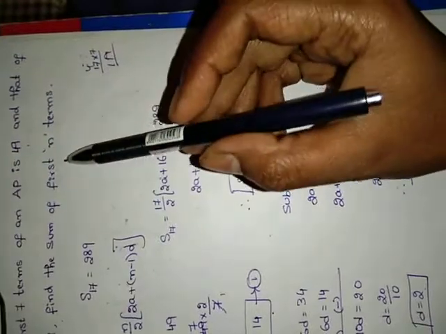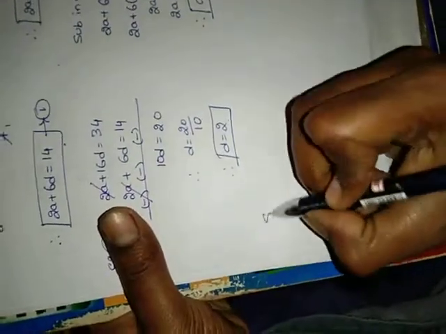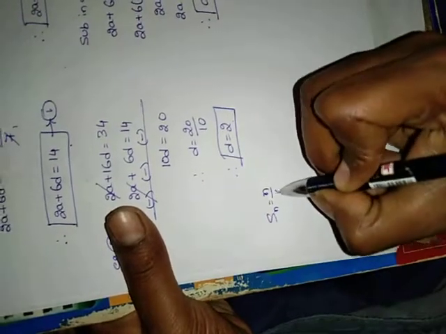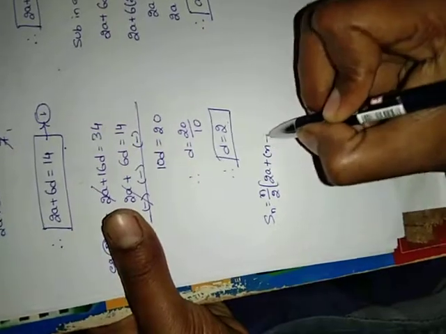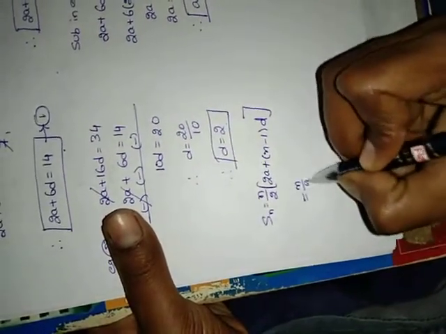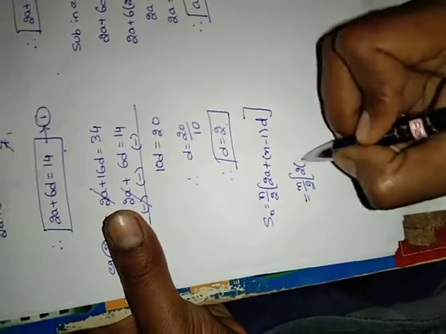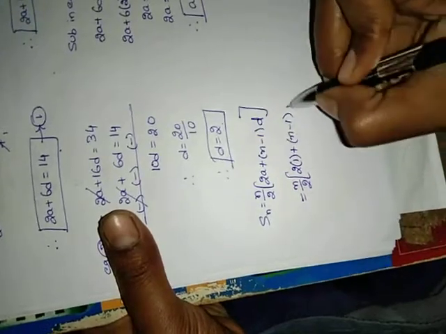We got a and d values now. What did they ask you to find? Sum of first n terms, that means Sn. Sn equals, what is the formula? n by 2 into 2a plus n minus 1 into d. In this, substitute the values. n by 2 into 2a, a value is 1, plus n minus 1 into d, d value is 2.